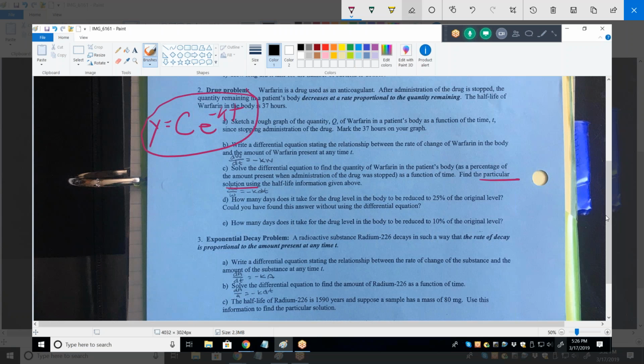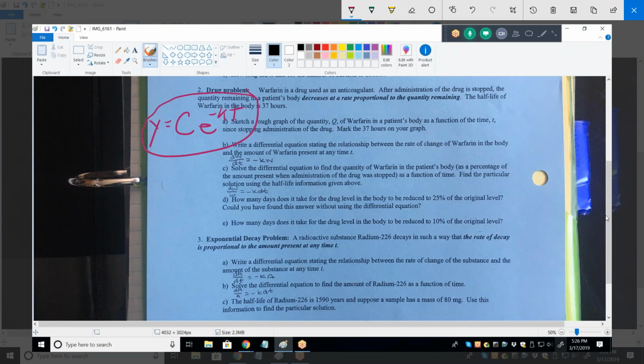Okay, well, I think I can do that. Yeah, that allows us to solve for k specifically. In other words, we don't know how much warfarin is in the body, but we do know that 37 hours later, half of it is in the body.